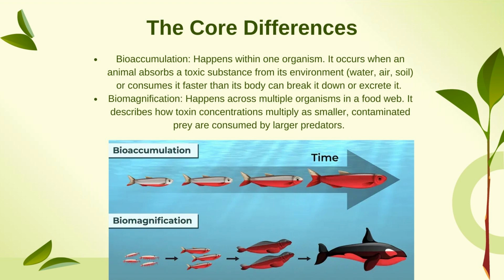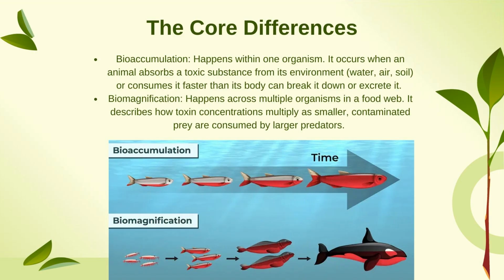But biomagnification happens across multiple organisms. Whoever eats the one who has already absorbed the toxic content in the food web. It describes how the toxin concentration multiplies as smaller contaminated prey are consumed by larger predators.